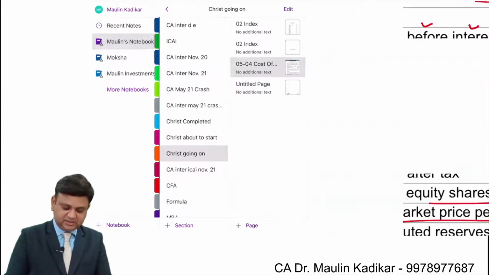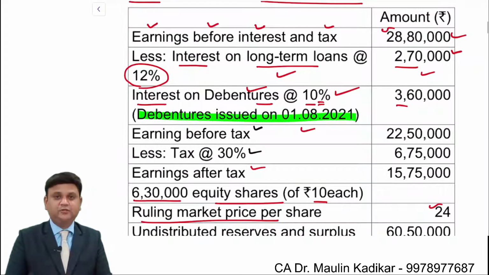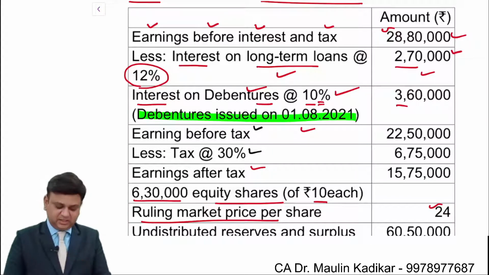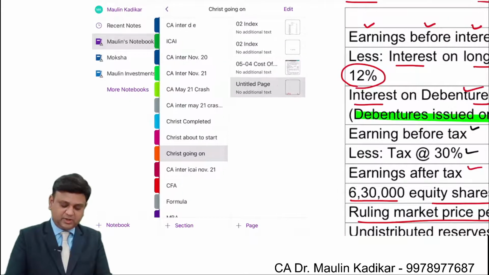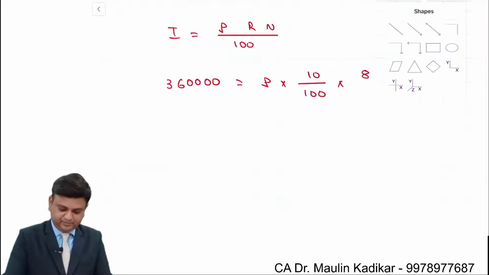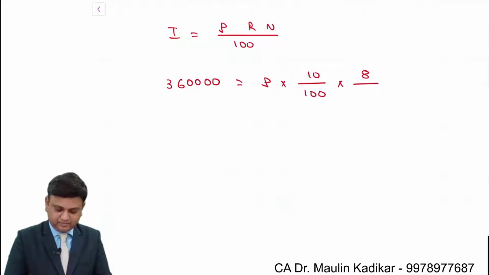And the time period is starting from 1st of August. So August, September, October, November, December, 5 months of this year and 3 months of the next year. So that is 5 plus 3, 8 months. So this is the way the principal amount will be calculated.